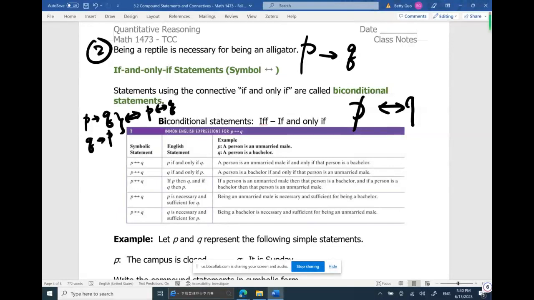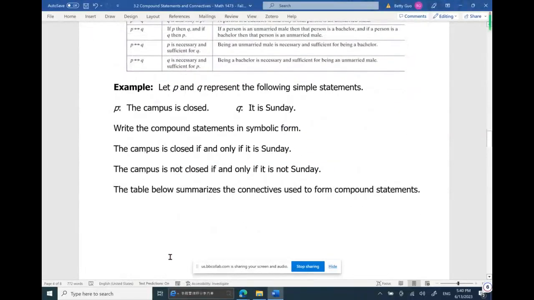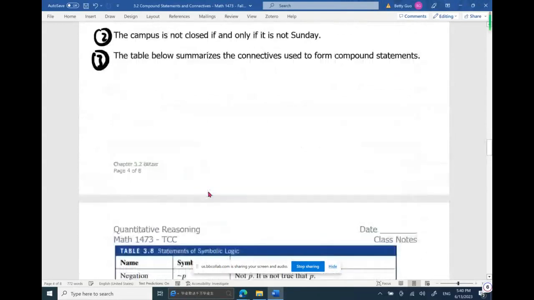Please spend time to read this table. Let's answer the example here. Let P and Q represent the following simple statements. P is the statement that the campus is closed. Q is the statement that it is Sunday. Write the compound statements in symbolic form. We have three statements.